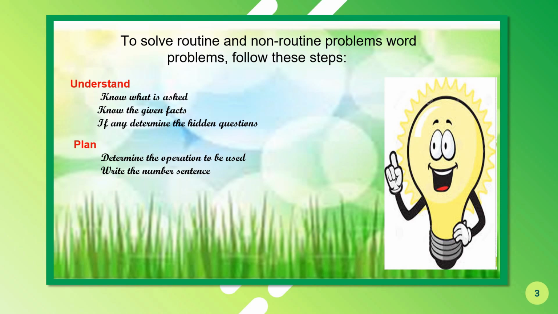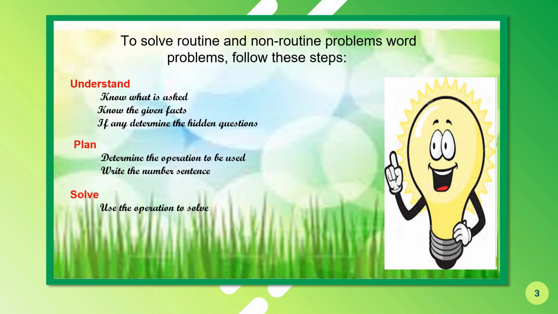Step 2 is plan. We determine the operation to be used by identifying which of the 4 basic operations we will use to solve the problem. And then, write the number sentence. This is where we write the given facts and the operation together. Step 3 is solve.